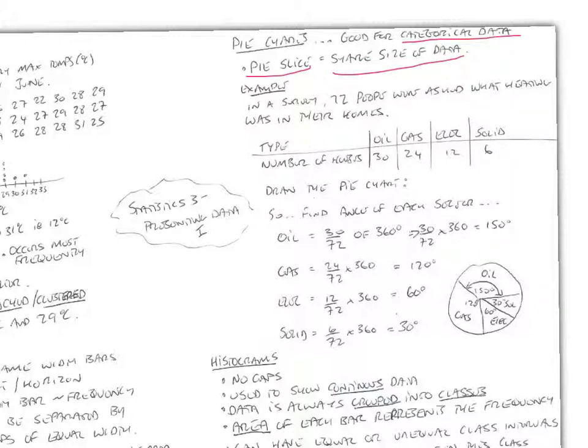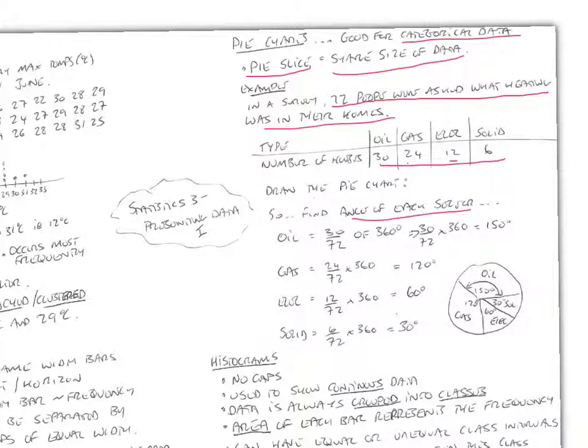Remind ourselves, in a survey, 72 people were asked what heating was used in their home. So here's the 72 people: 6 solid fuel, 12 electric, 24 gas, 30 oil. So how do we do the pie chart? We need to find the angle of each sector.